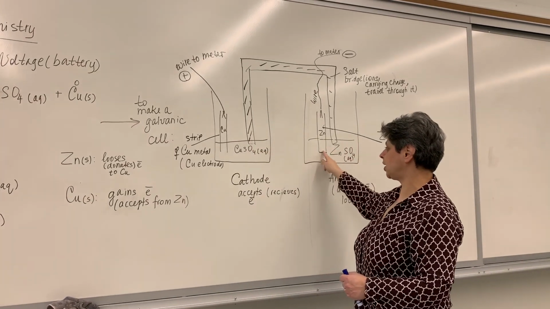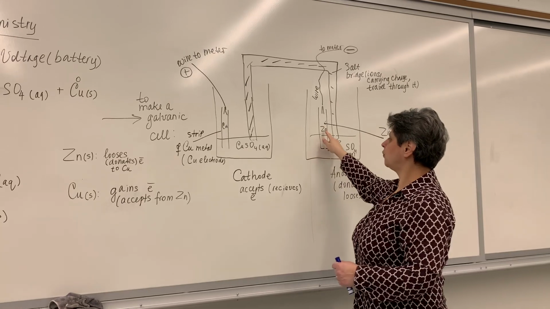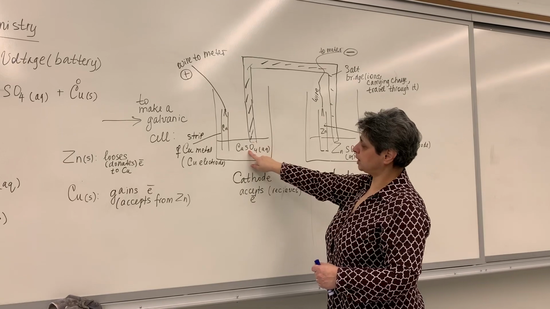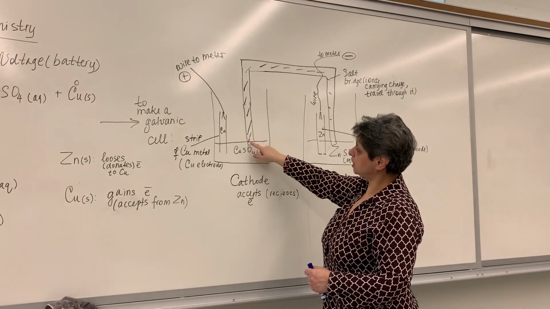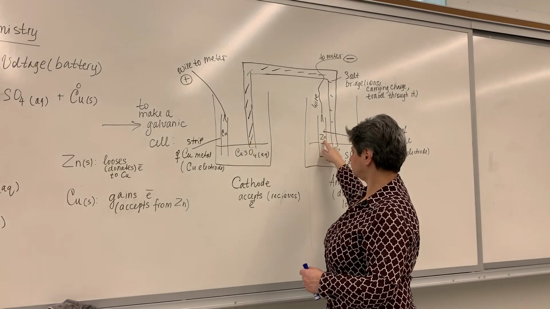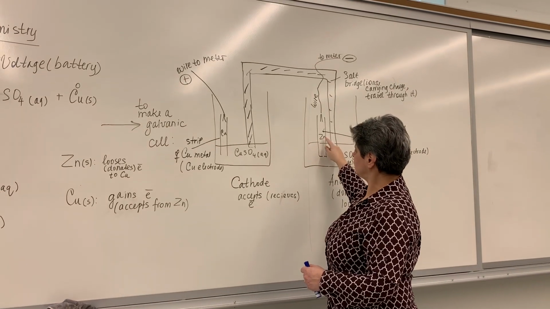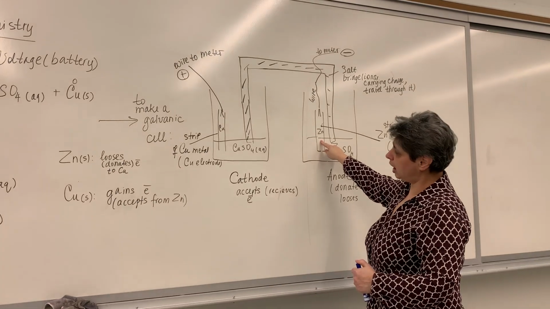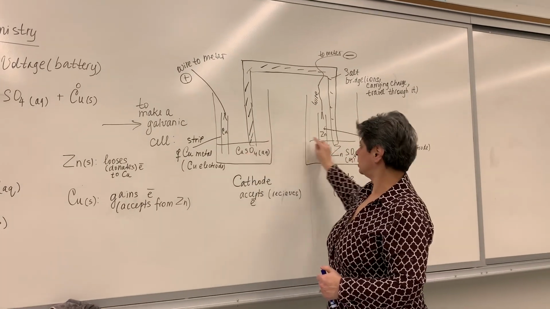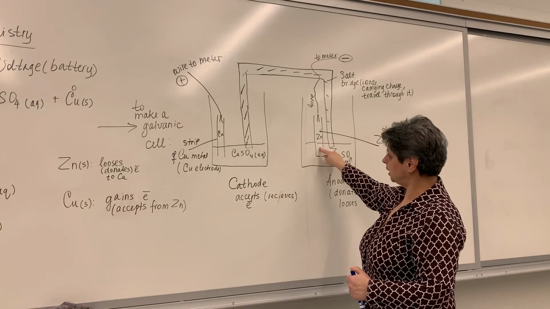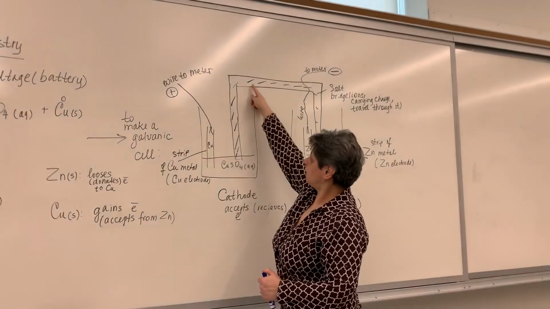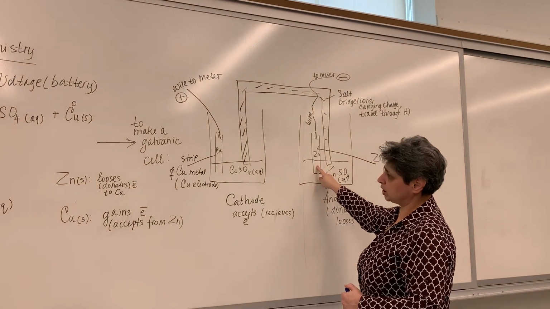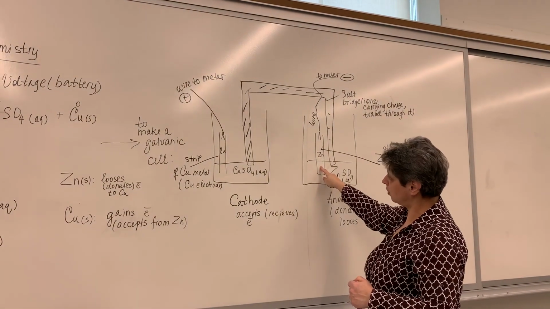So electrons are going to transfer from the zinc strip through the wire and then into the copper sulfate solution, and as a result, zinc is going to be dissolving, this electrode is going to be dissolving, turning into zinc ions. Here, copper is going to be depositing, because copper ions are going to travel through the salt bridge and deposit on the strip, just like we did in the beaker I showed you a minute ago.